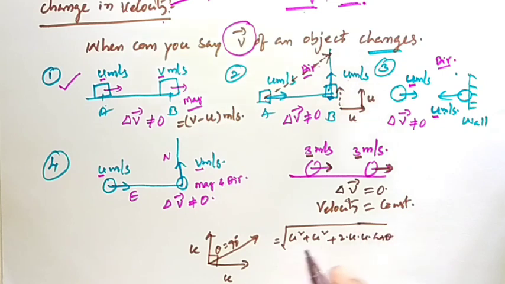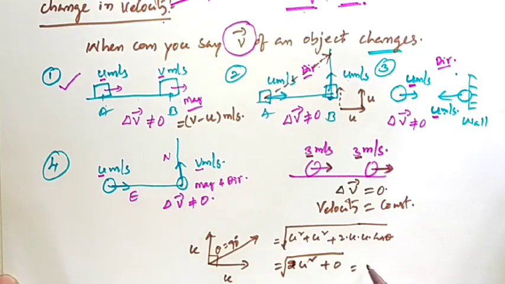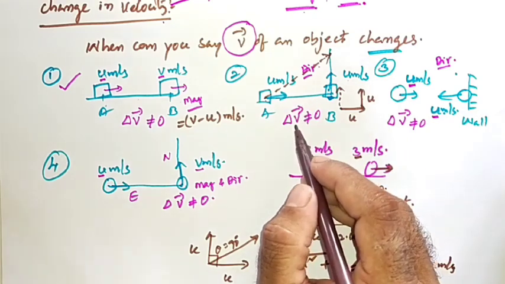It is like the parallelogram law: the magnitude of the vector is root over p square plus q square plus 2pq cos theta, right? That is u square plus u square, so I can write 2u square plus 2u square cos theta. Cos 90 is 0, so that term is 0. So this is root over 2u square. If u comes out then it will be u into root 2 meters per second. This is the change in velocity in this case, sir.